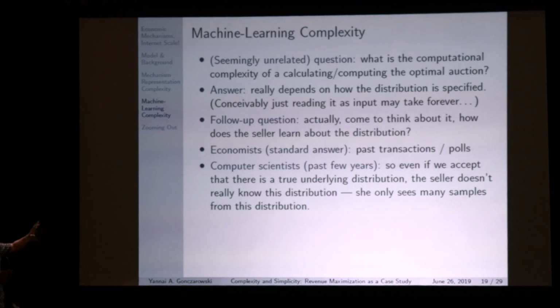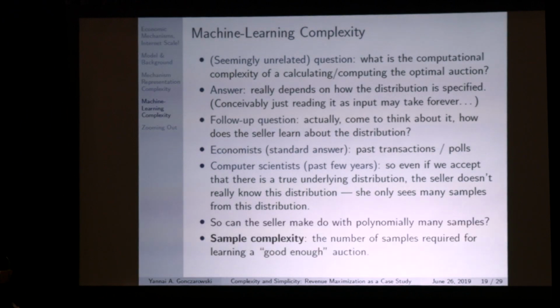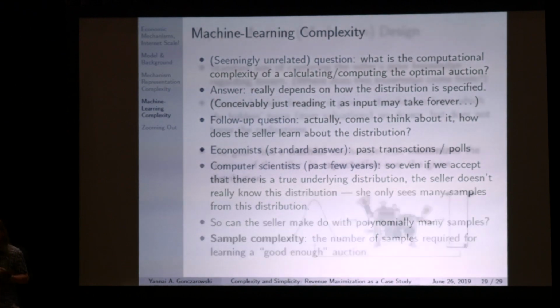If they've observed a lot of past transactions, conducted many polls, the seller only sees many samples from this distribution. And the question here is, can the seller make do with polynomially many samples, polynomially meaning many but not too many? And the sample complexity is the number of samples required for learning a good enough auction.